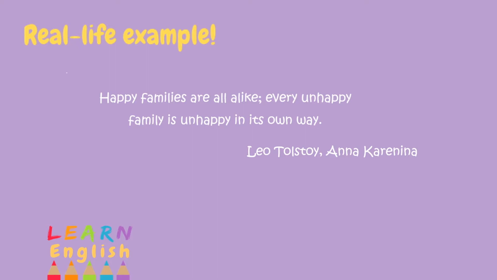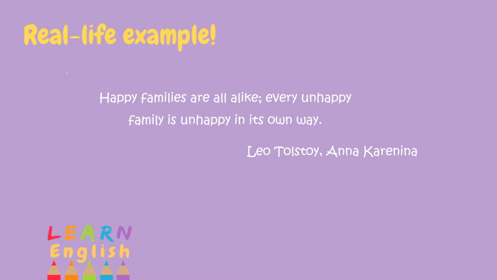We can check this by asking ourselves the question, could we have put a connective there? Happy families are all alike, semicolon. Every unhappy family is unhappy in its own way. Or we could have said, happy families are all alike, but every unhappy family is unhappy in its own way.